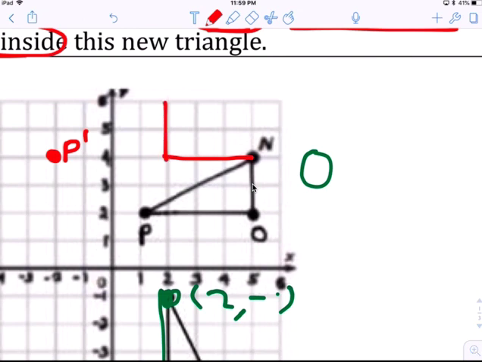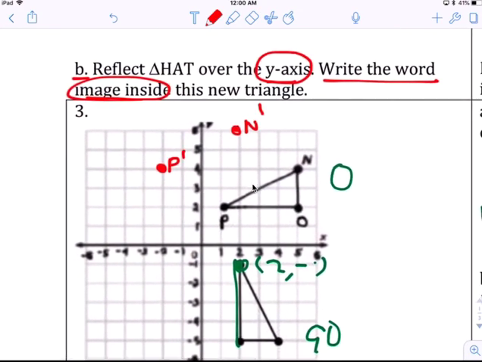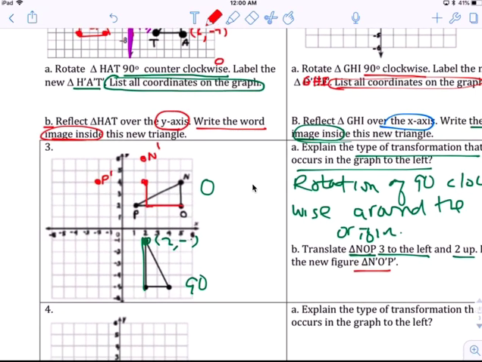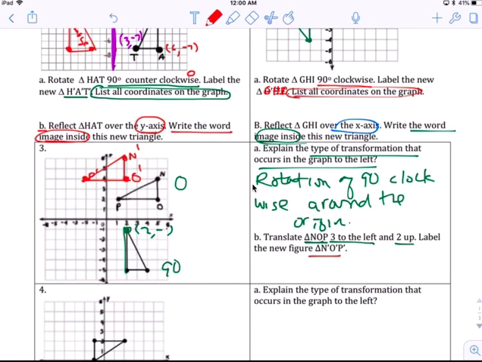And 2 up. Label that NP, that's O. That's the new one.